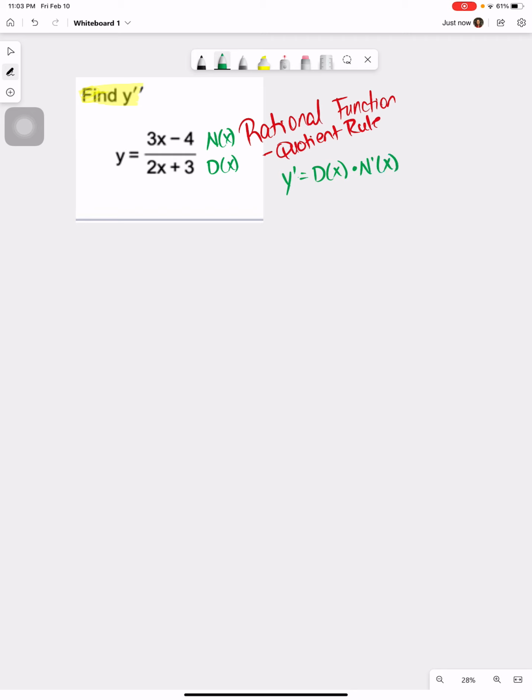So the bottom times the derivative of the top minus the top times the derivative of that denominator, all over that denominator squared. That's the rule that we're going to use twice.